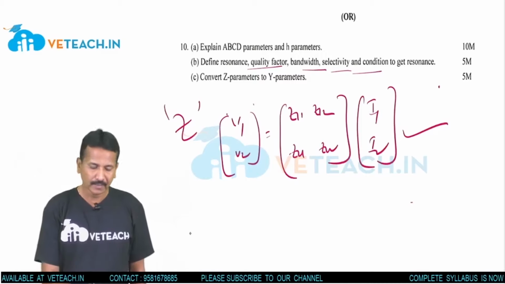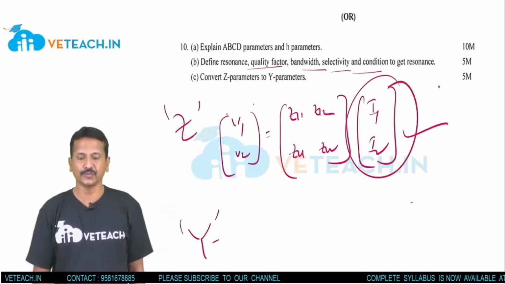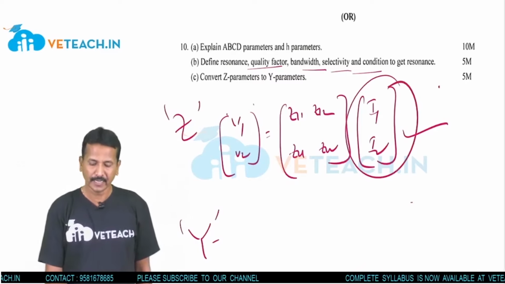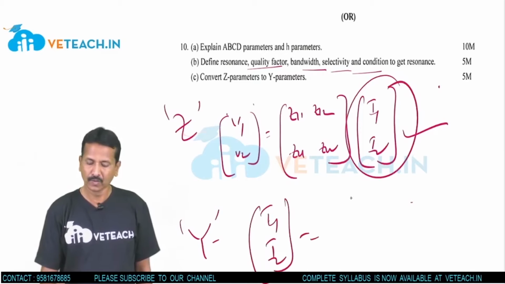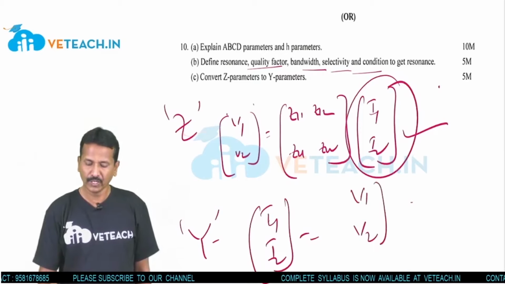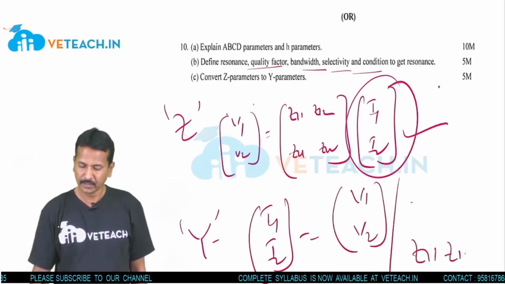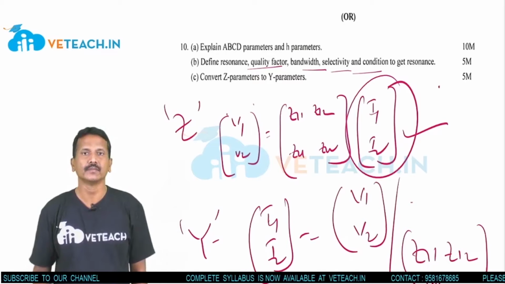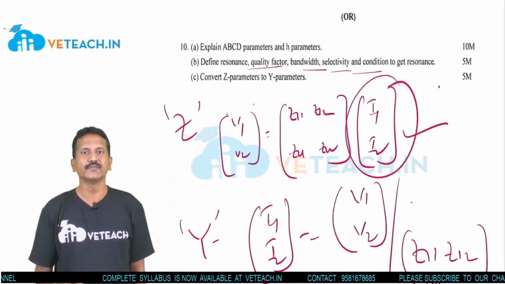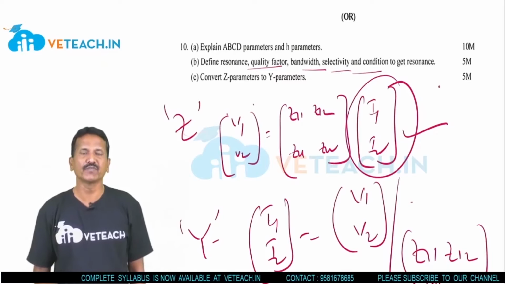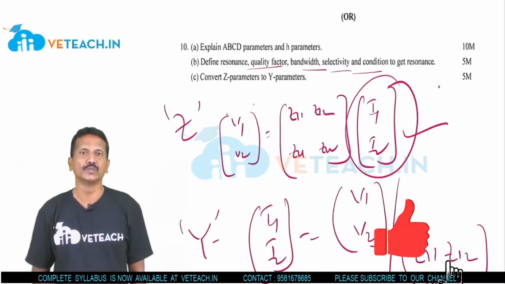I want Y parameters with I1, I2. Take the determinant value and convert Z11, Z12, Z21 in terms of Y11, Y12, Y21 and Y22, and vice versa.